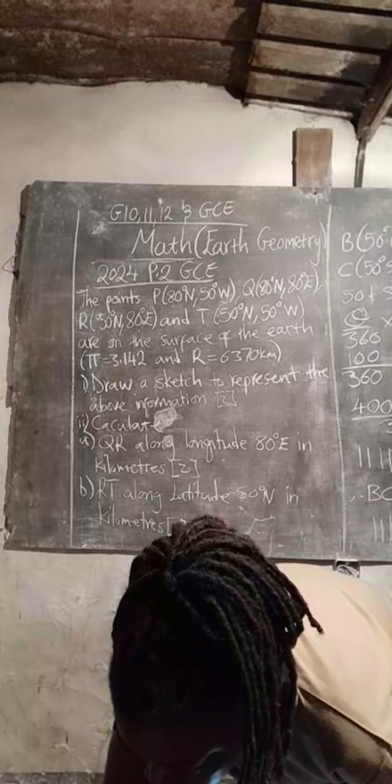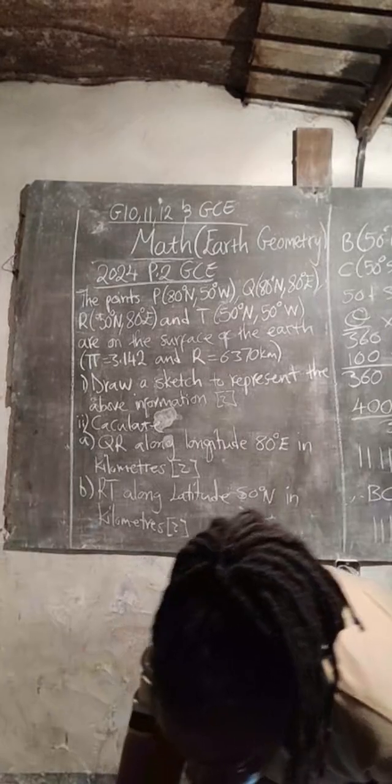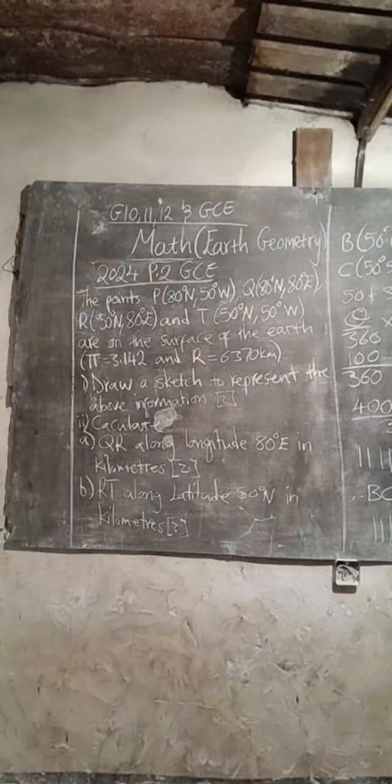The school is in Copperbelt, Kitwe specifically. I put the phone on charge. I think I have a blackout. Ooh. What's going on? What's happening?